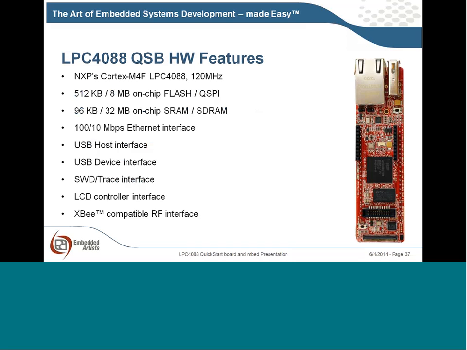There's also 32 megabytes of external DRAM. There is an Ethernet interface including the connector and magnetics. There are USB host and device interfaces, also including the connectors. There is a real debug and trace interface. There is an LCD controller interface also. And there is an XBee compatible RF interface on the top.